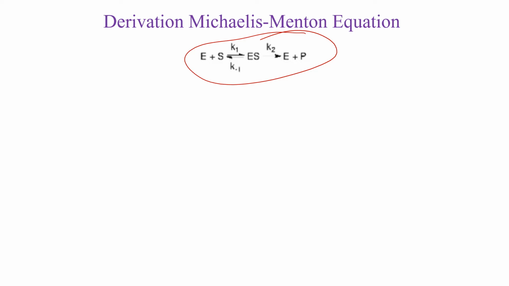And then we have the enzyme substrate complex going forward to produce our enzyme plus our product. And K2 here is the rate constant of the second step, so it's this step going forward. And we also should have a K minus 2 down here, and that would mean it's going this way.